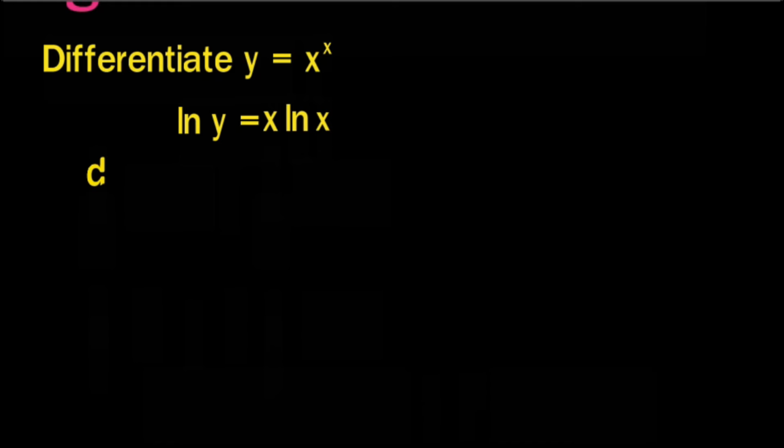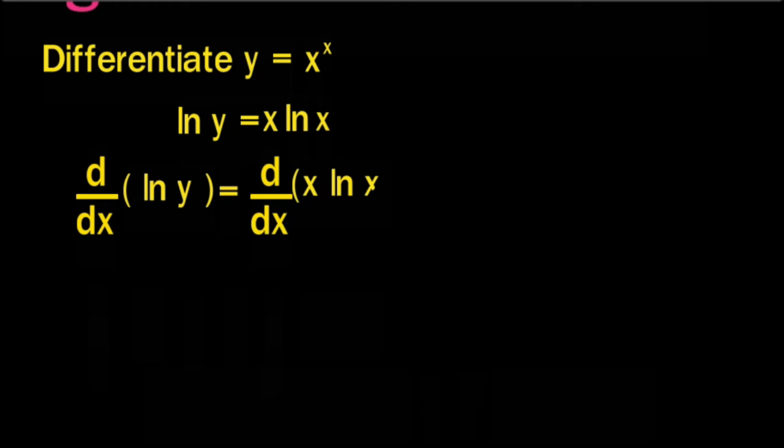After you have this, you differentiate both sides with respect to x. On the left hand side, we will use the chain rule that I mentioned just now. Since you are differentiating ln y with respect to x, it will become 1 over y multiplied by the derivative of y, equal to, on the right hand side, we use the product rule.